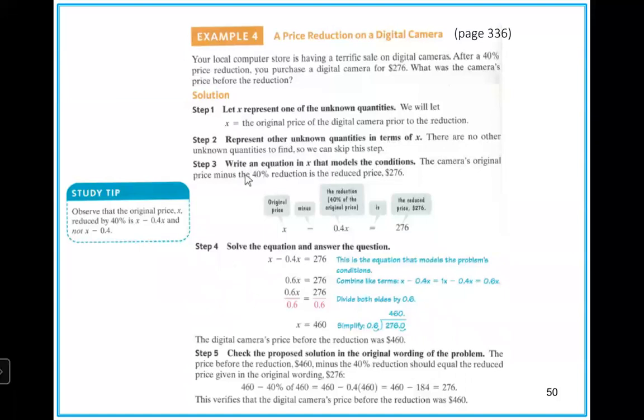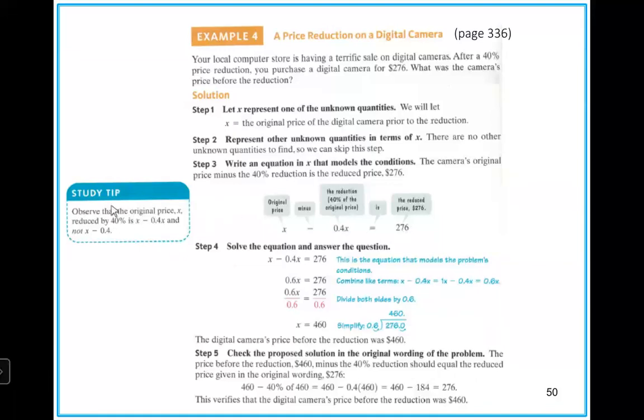The original price minus 40% reduction gives you 276. So the original price was x, and you take out 40%. 40% is 0.4. So you take out 0.4x and you get 276.